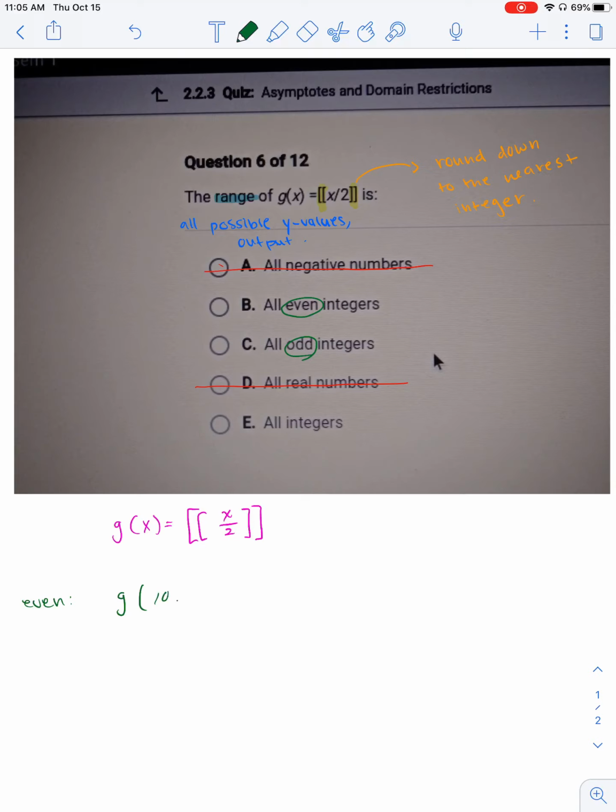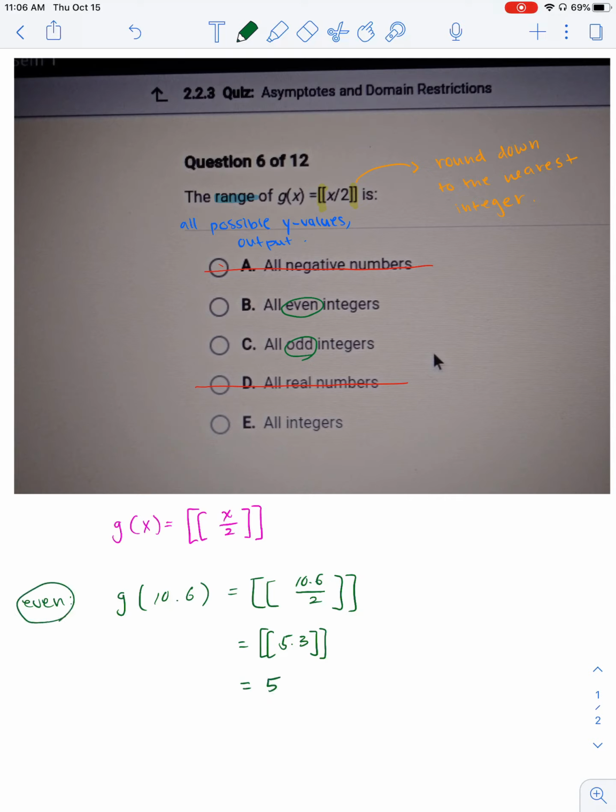I'm purposely not going to put an integer. So let's put like 10.6. Then I'll have the greatest integer of 10.6 divided by 2. So I have to divide by 2 first, and you'll see that I get 5.3. But because of the greatest integer function, it's going to round down, so my answer will be 5.